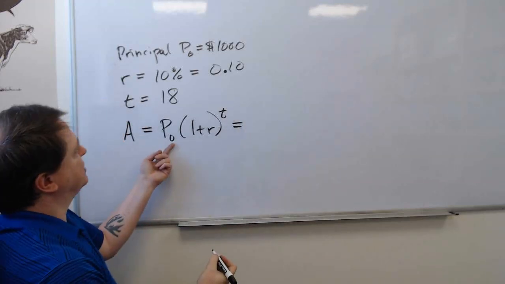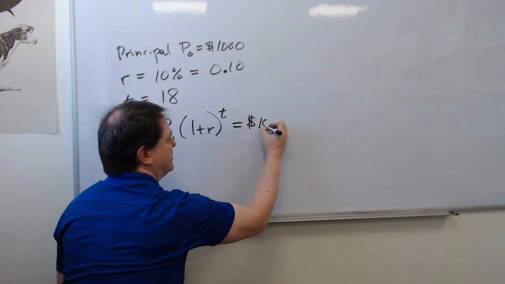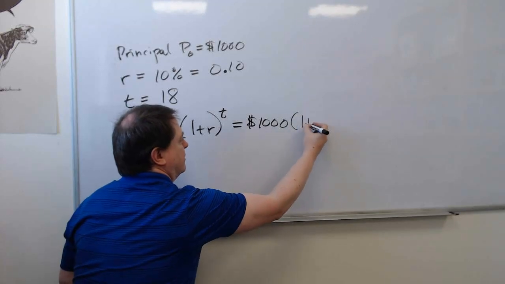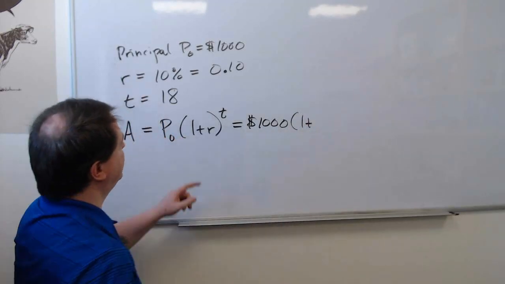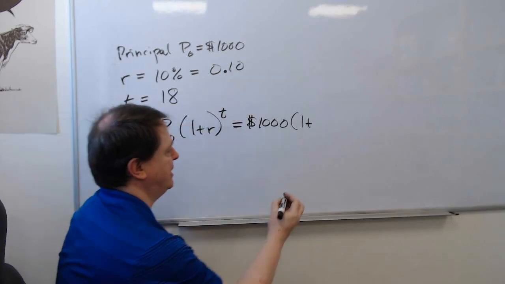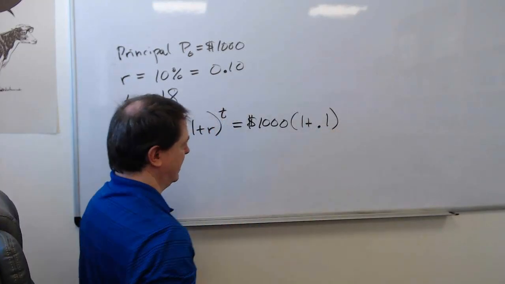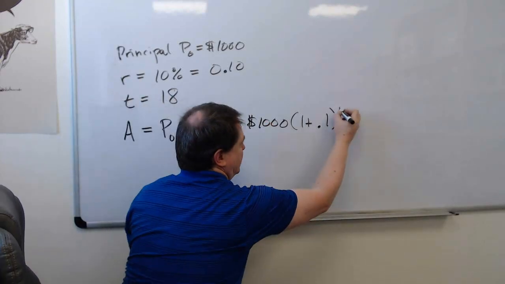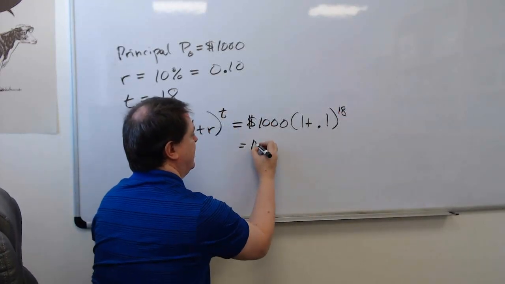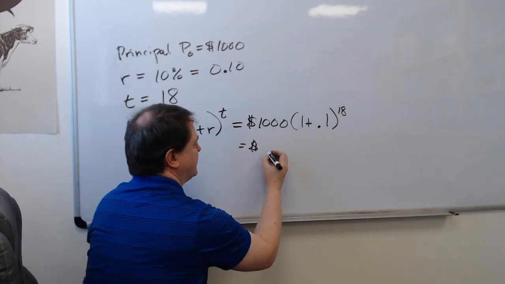Okay, so this principal will be our 1,000. And it'll be 1 plus this R written as a decimal, so 1 plus 0.1. And then I want to raise that to the 18th power. Of course, don't forget, we always do the parentheses first.